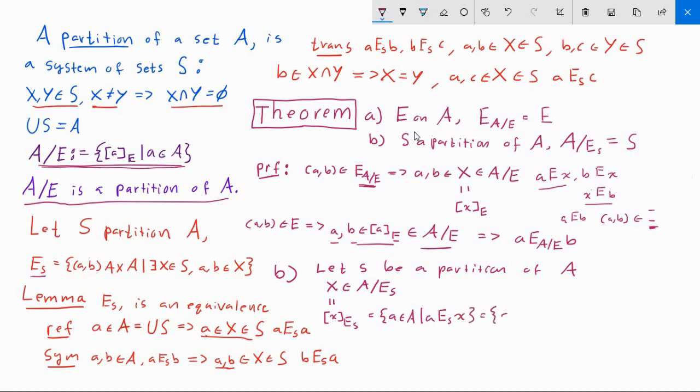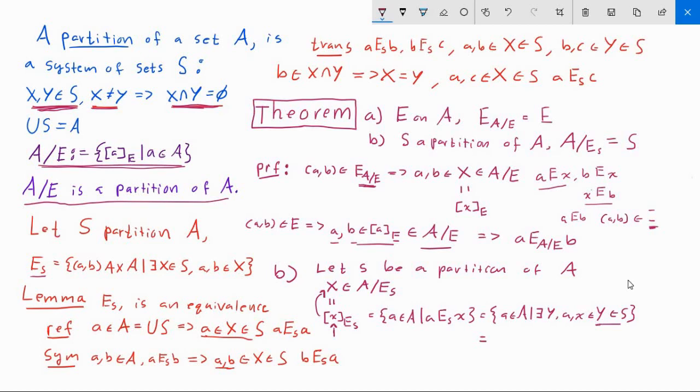But this set, in turn, is those little a in A such that there exists some set Y so that a and s both belong to Y, and Y belongs to S. However, we know that little s is certainly in the equivalence class of s under E sub S, and we said that this was equal to the set X. But we know now that whatever the set Y is, it belongs to the partition S. Recall that if we have two sets belonging to a partition, if they're not equal, then they are disjoint.